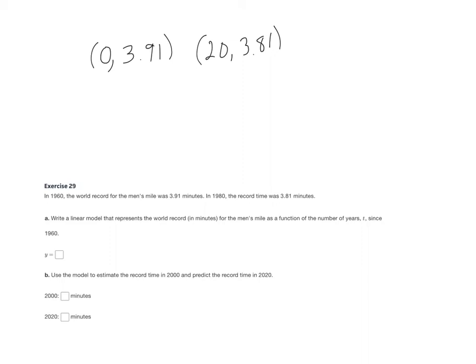Now we have to write the linear model. So the linear model is going to be, what we need is our m, and we need a b. So we know that our b is going to be 3.91. Okay? Our slope, x1, y1, x2, y2.